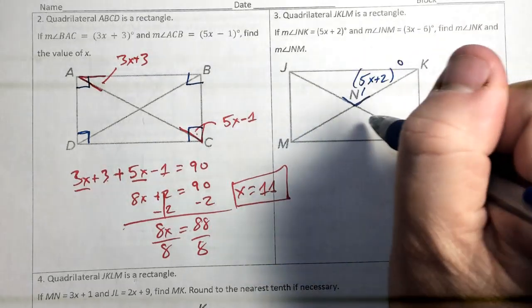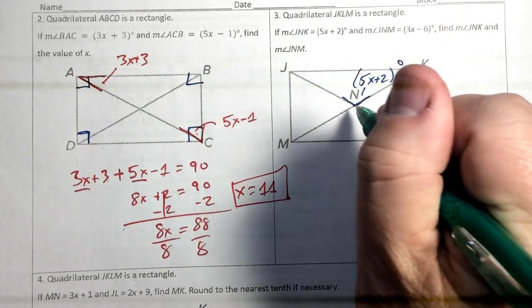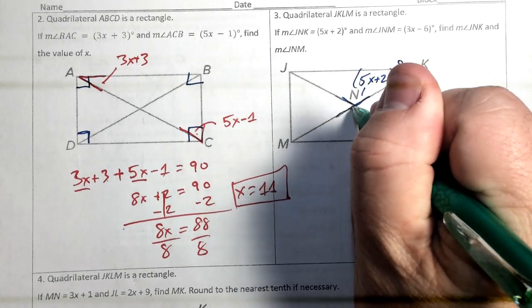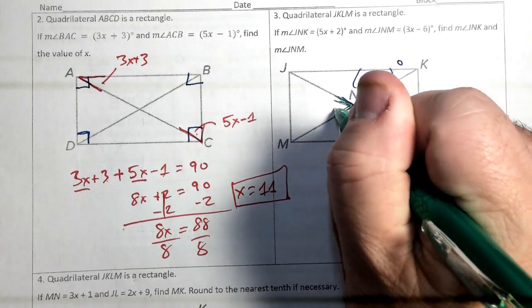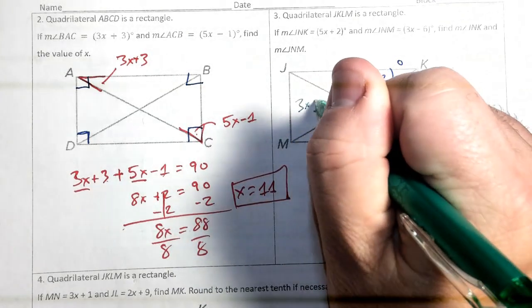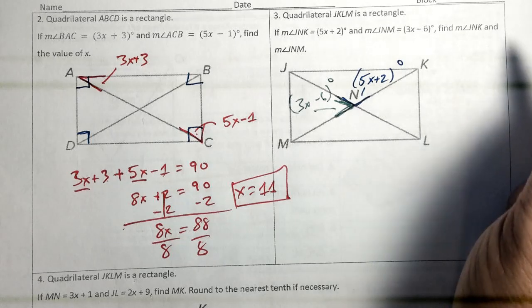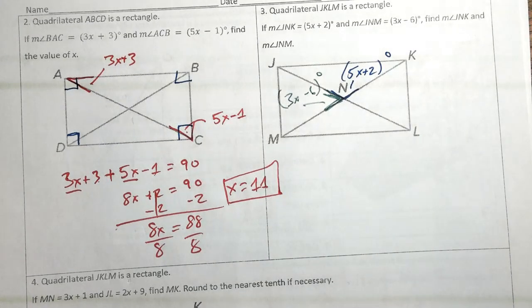And JNM is 3x minus 6. It says find JNK and JNM.